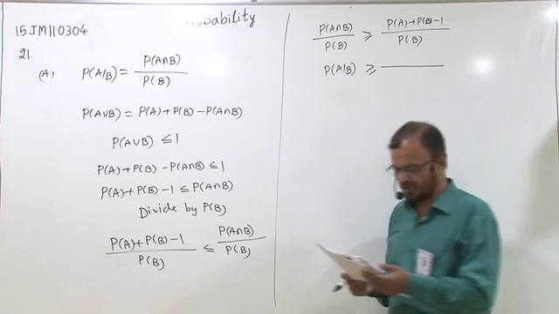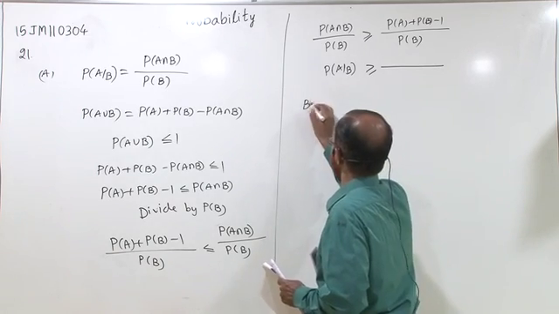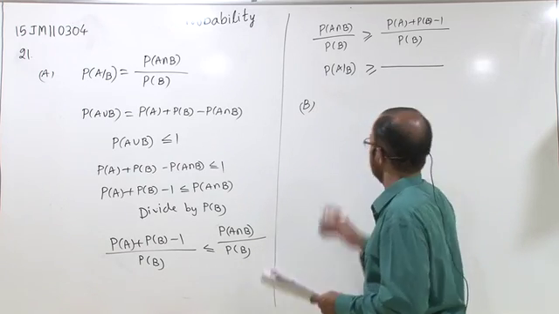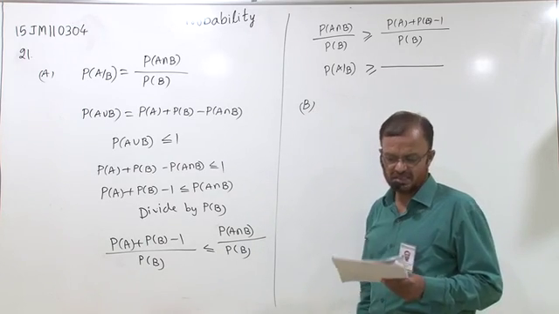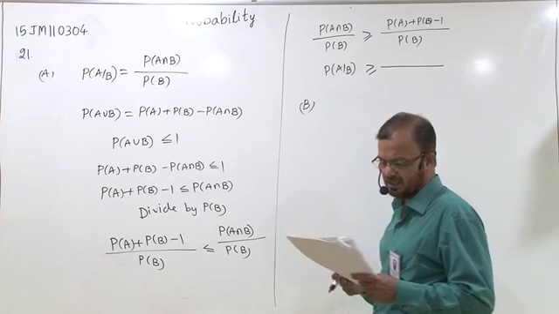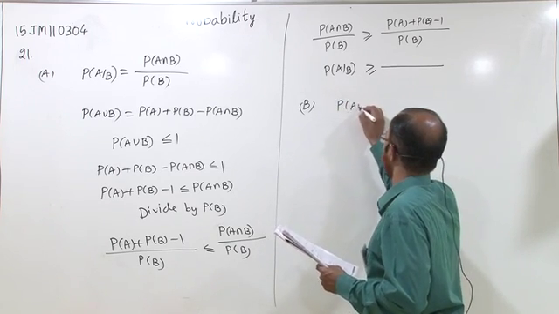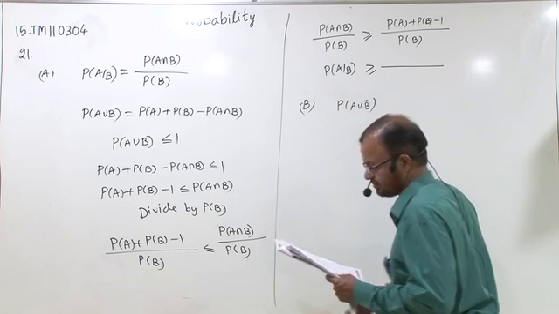Coming to this B option, I have to see here it is A union B bar. I write the LHS expression separately and the RHS expression separately. A union B bar, then I can say here probability of A union B bar.